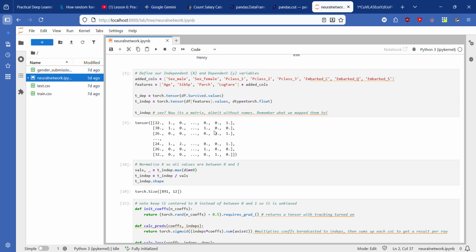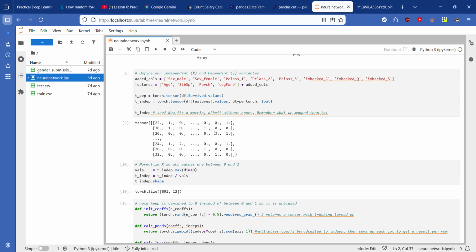So if you don't know what a tensor is, you guys should watch my first video in this series, or you can alternatively just look it up. It's pretty important. I would recommend that if you're not familiar with this at all, learn to understand the difference between a tensor and something like a data frame or a NumPy array.